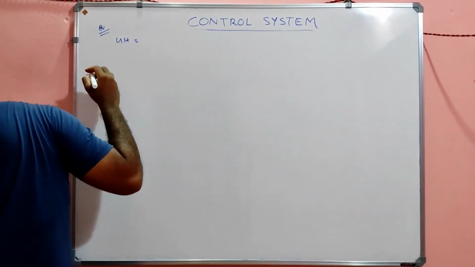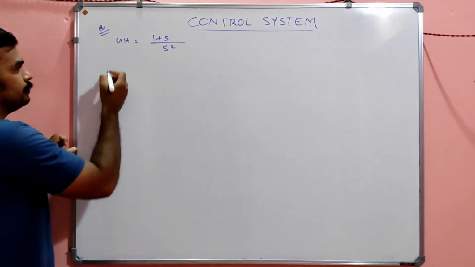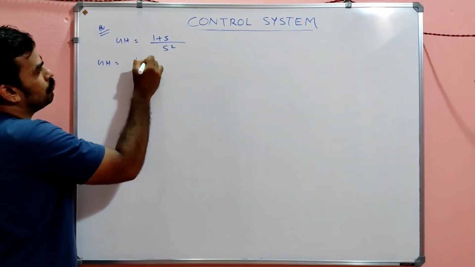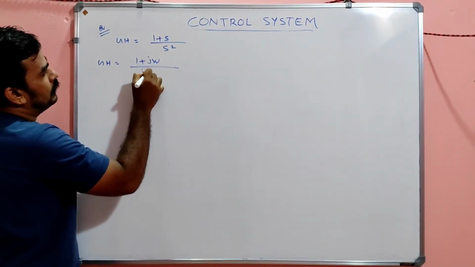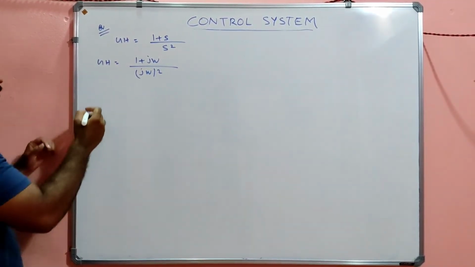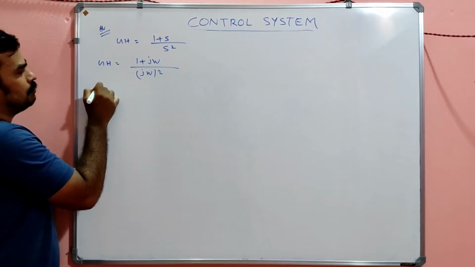GH is equal to 1 plus s by s square. So s will be j omega, and it becomes 1 plus j omega divided by (j omega) square. See, you have to practice different types of questions. So what will be the magnitude then?